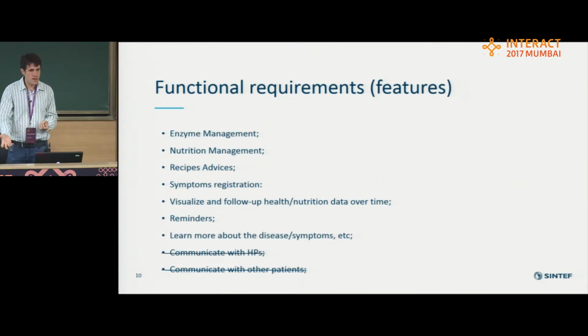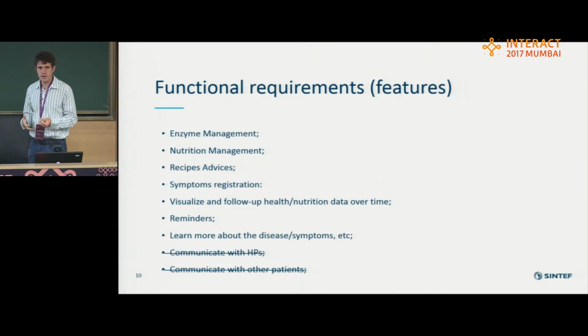One way the app could help is by calculating how much enzymes they have to take, because nowadays this is done by estimation, and that goes all right when they eat something familiar, but when something is not familiar, they can make mistakes. A mistake there, at least for the digestion, is not so critical, but they can get constipated or the opposite, so it's not so good.